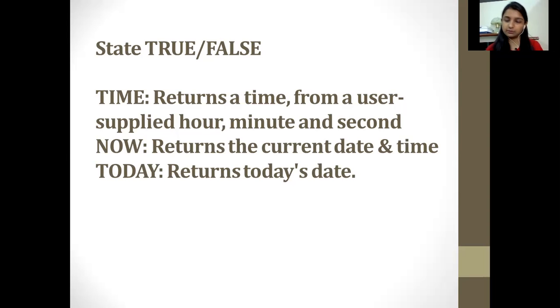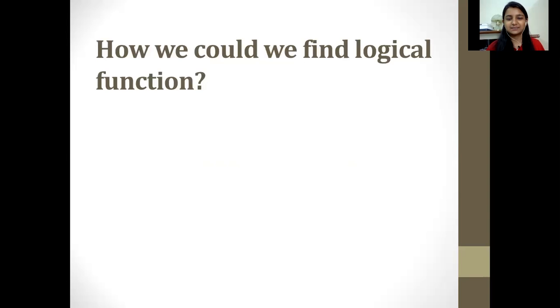Whatever the date today is, you can return it from it. So eventually, what are you concluding, true or false? It would be true. Exactly. If you gave the answer true, applaud yourself. You have given the right answer.